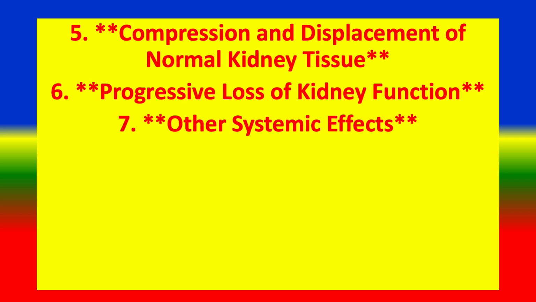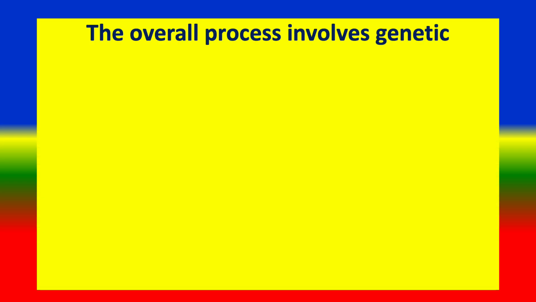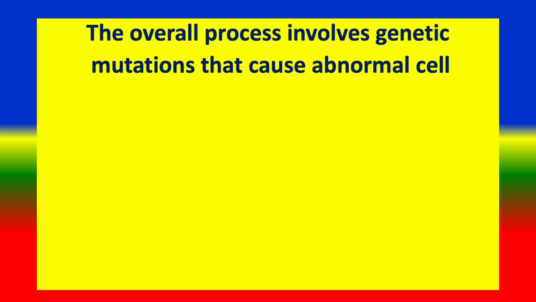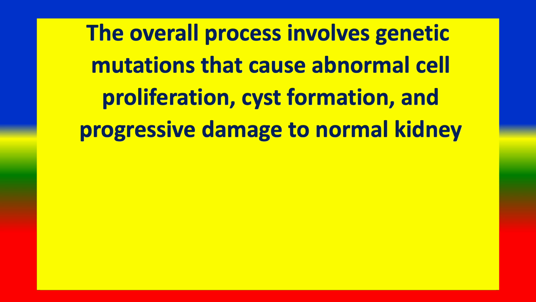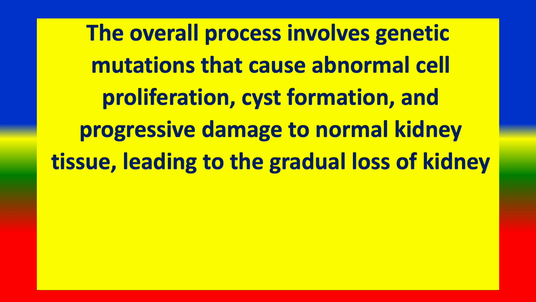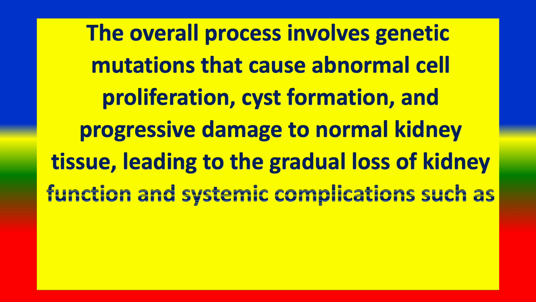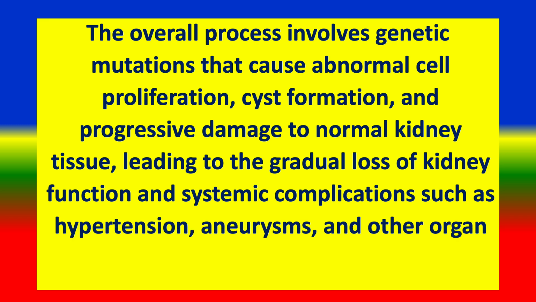Other cystic effects. The overall process involves genetic mutations that cause abnormal cell proliferation, cyst formation, and progressive damage to normal kidney tissue, leading to the gradual loss of kidney function and systemic complications such as hypertension, aneurysms, and other organ involvement.